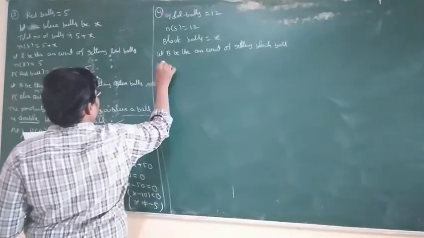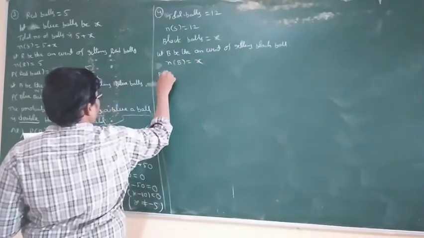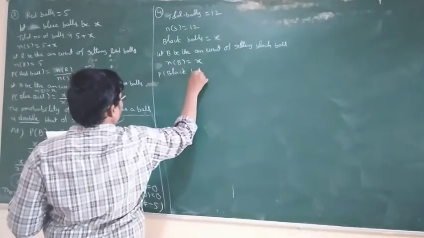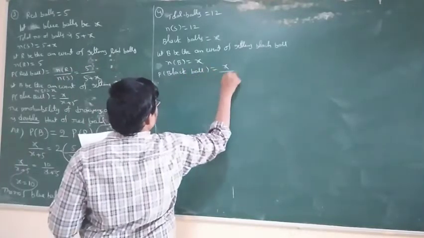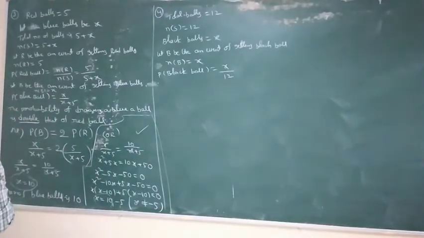So n of B is equal to x. P of black ball is equal to x by 12.